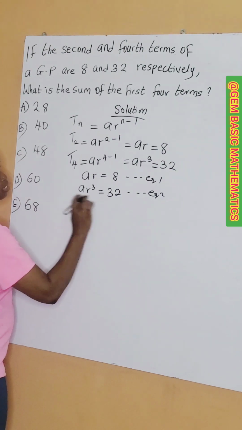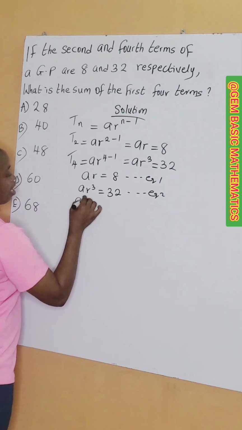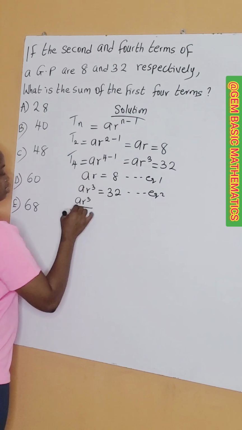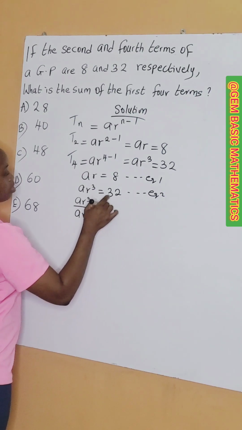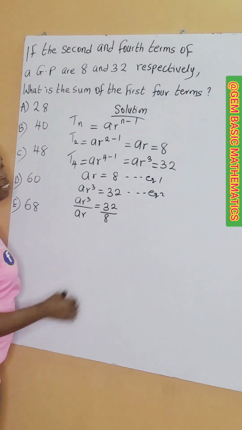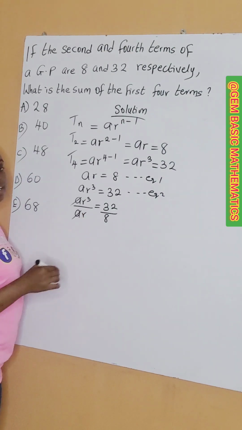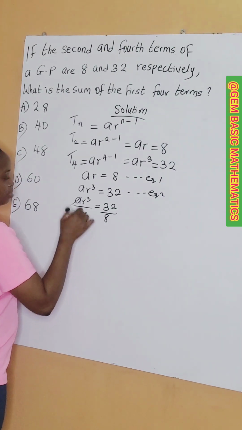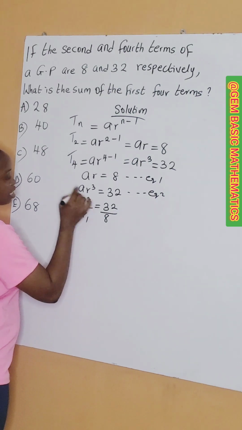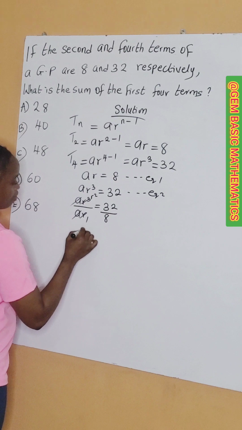We are using this to divide this. So we have A r cubed over AR equals 32 over 8. Here A cancels A. R cancels one of the r's in r cubed, leaving r squared.